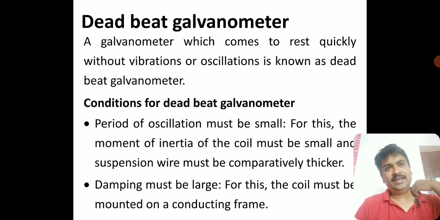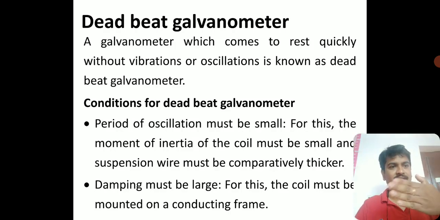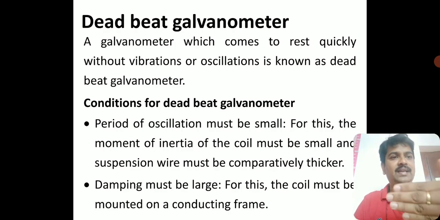Right. Deadbeat galvanometer. A galvanometer which comes to rest quickly without vibration or oscillation is known as a deadbeat galvanometer. If the coil comes to rest very quickly, then such a galvanometer is known as a deadbeat galvanometer.